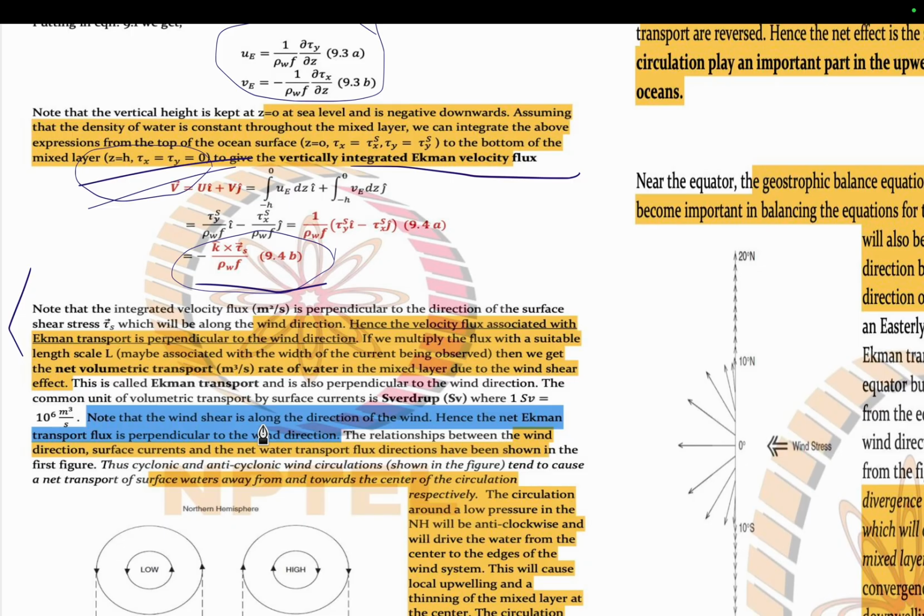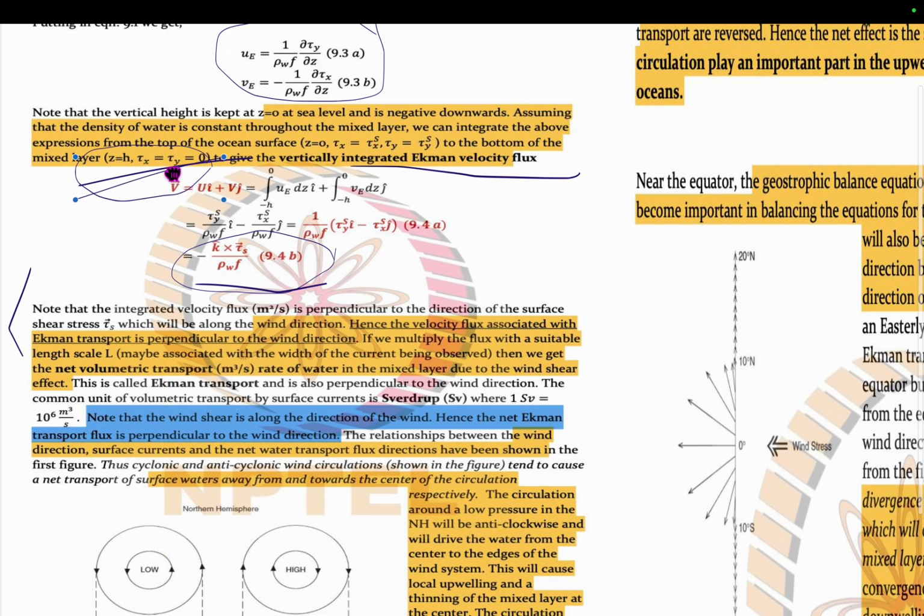So you can check the vertically integrated Ekman velocity flux is perpendicular to the direction of wind shear. It is perpendicular to the wind direction.